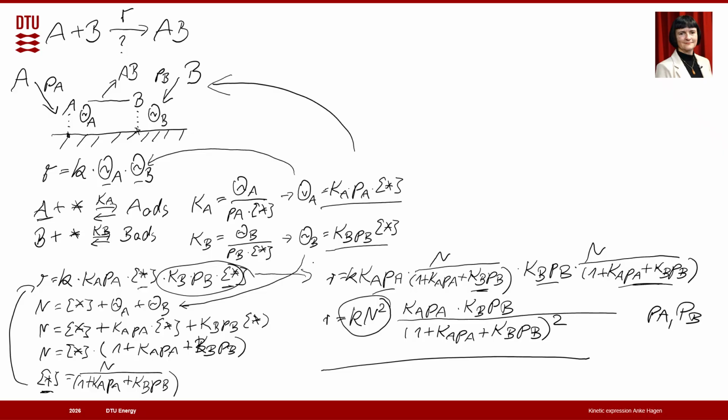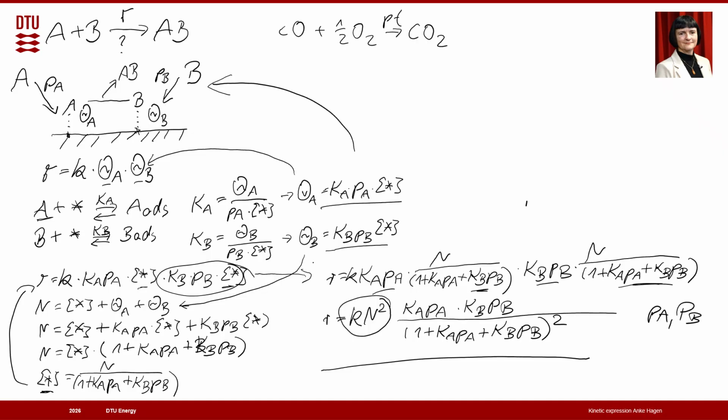The one I sketched here, where you have two adsorbed species that react with each other, is, for example, the reaction of carbon monoxide reacting with oxygen to give carbon dioxide on a platinum catalyst. Here, both carbon monoxide and oxygen are adsorbed, giving CO2.